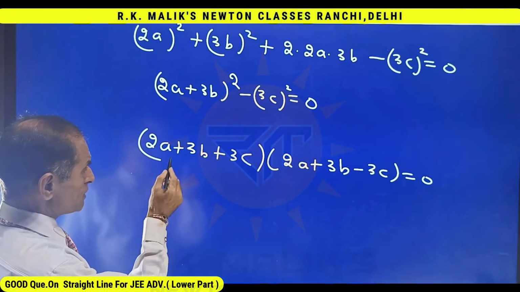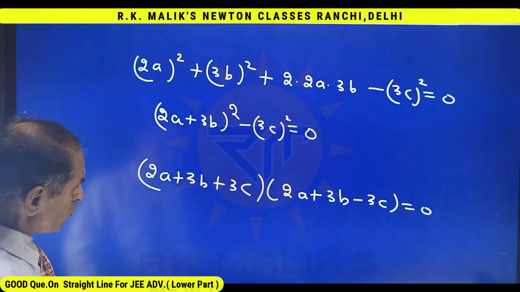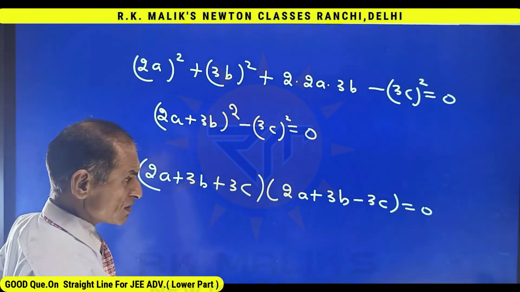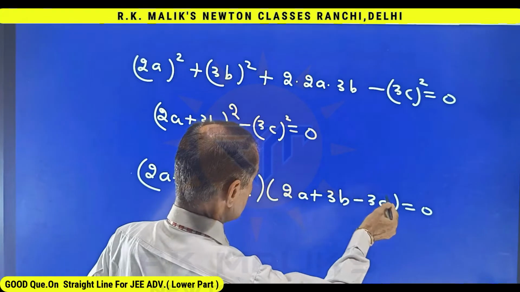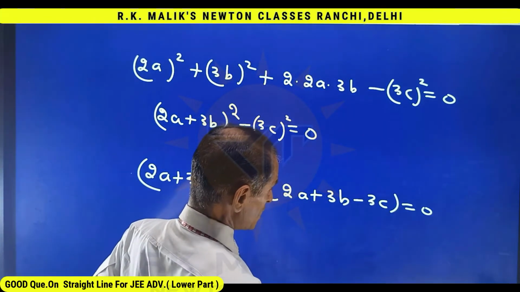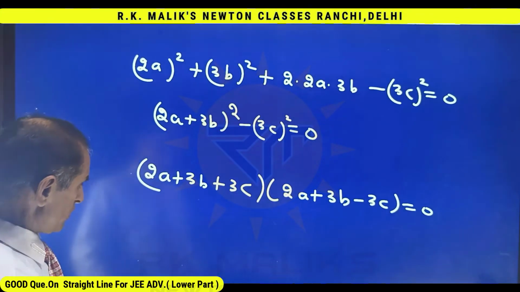Those values of a, b, c for which this part is 0 will represent one family of lines, and those values of a, b, c which satisfy this part will represent the second family of concurrent lines. See why?